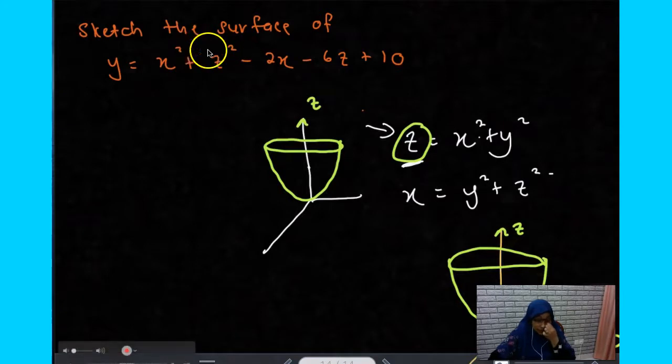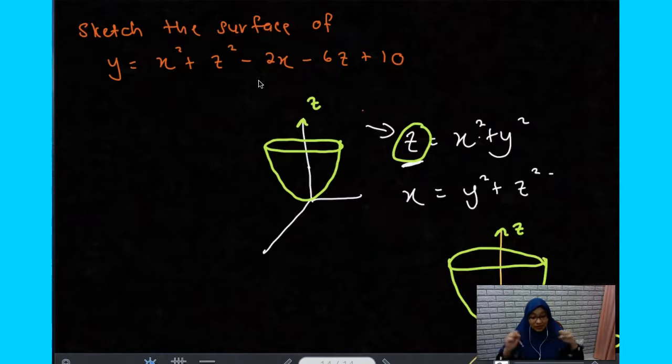Since the quadratic form is for x and also for z, you have to apply the completing the square technique for both variables, x and z, meaning that you have to sort them out first.